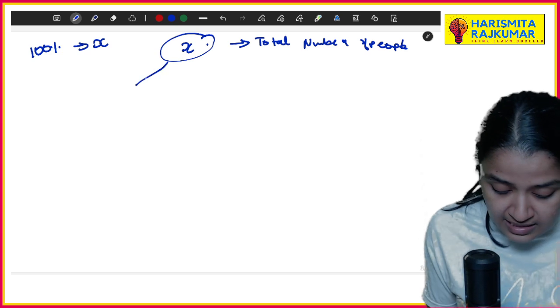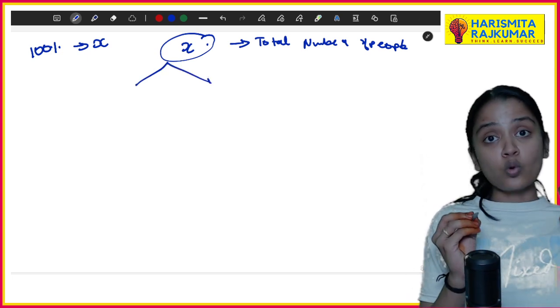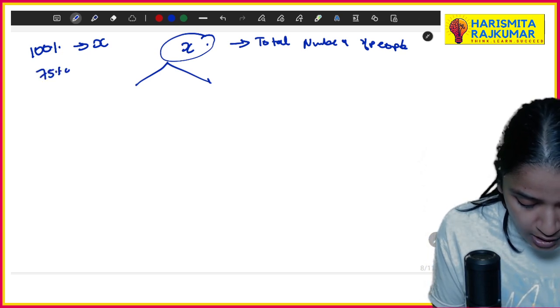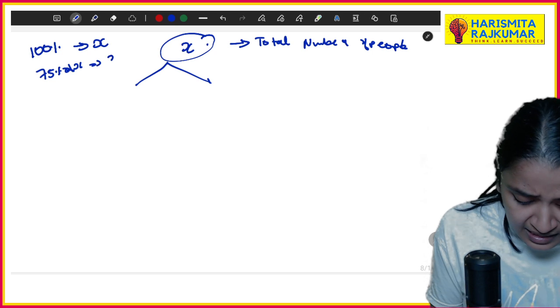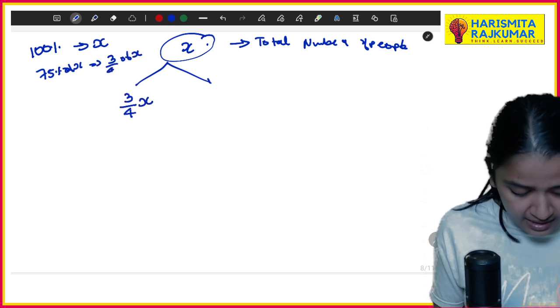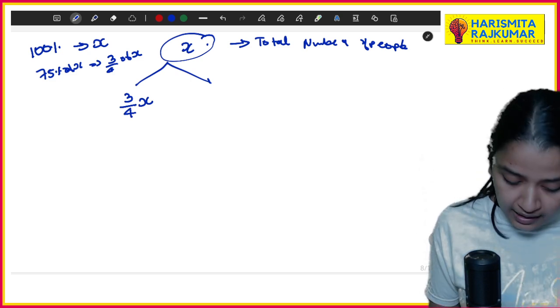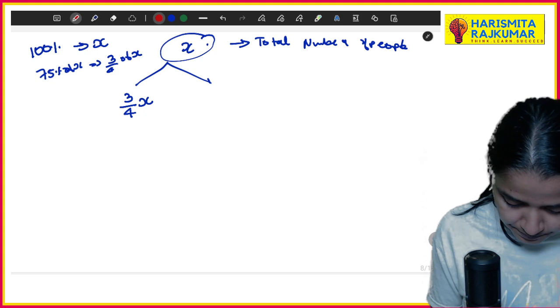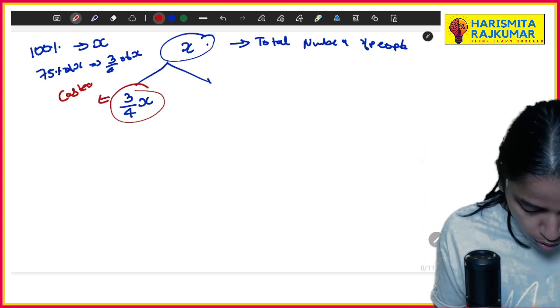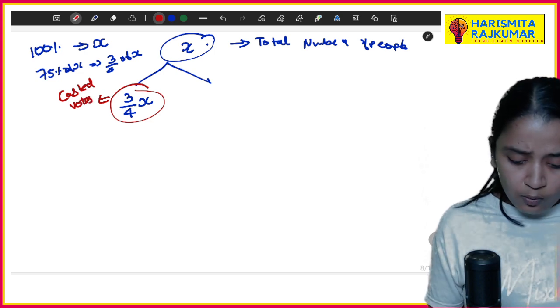In that, 75% voted, which is 75% of X, nothing but 3 by 4 of X. So 3 by 4 X voted. They cast votes. These are the cast votes. What is remaining?